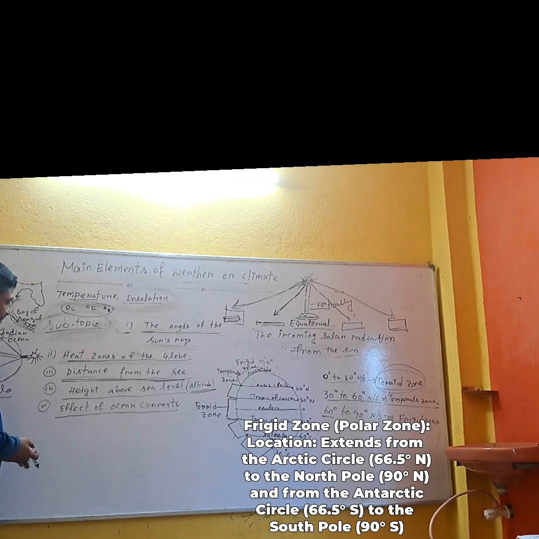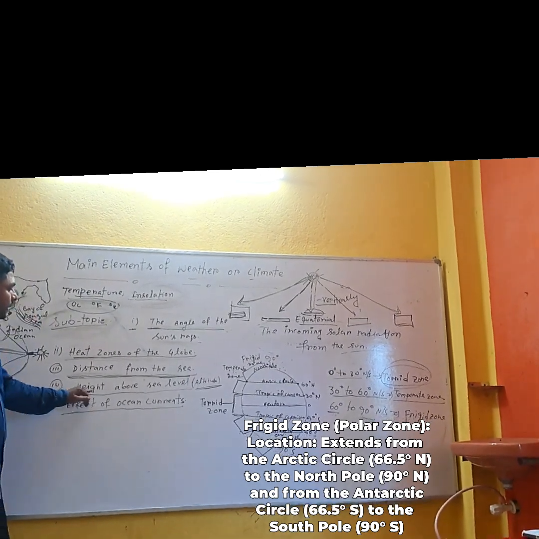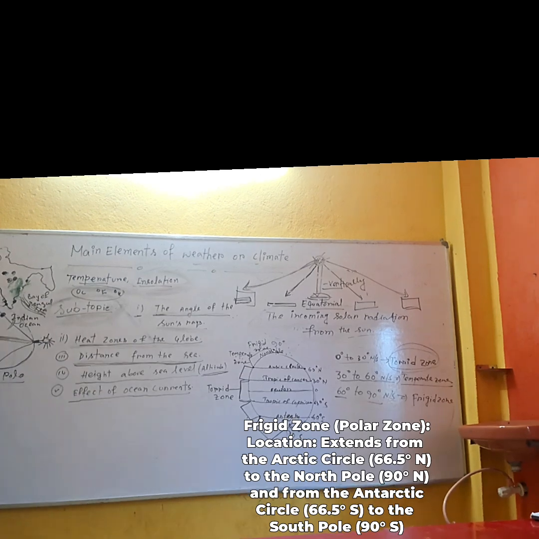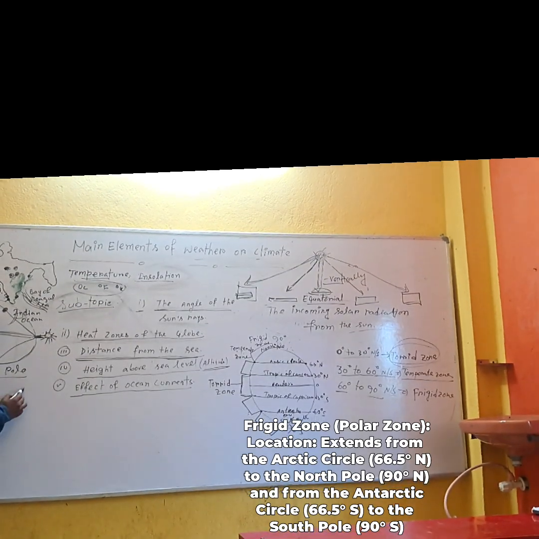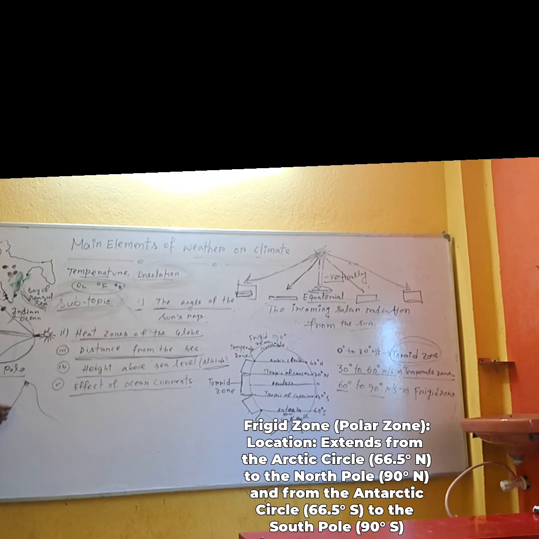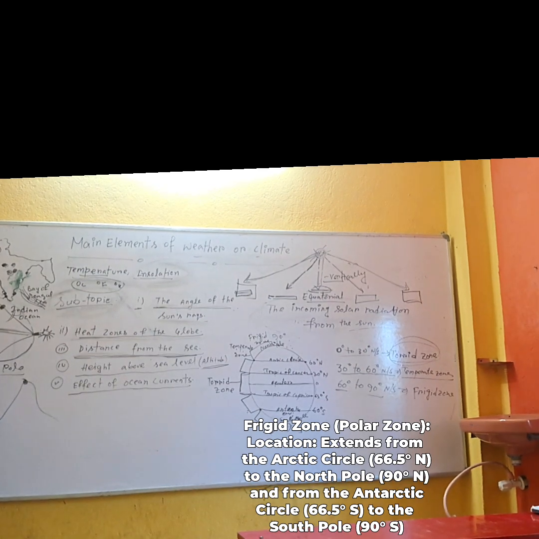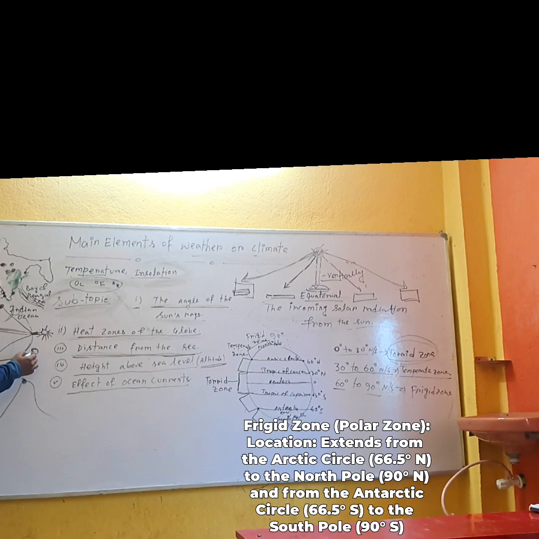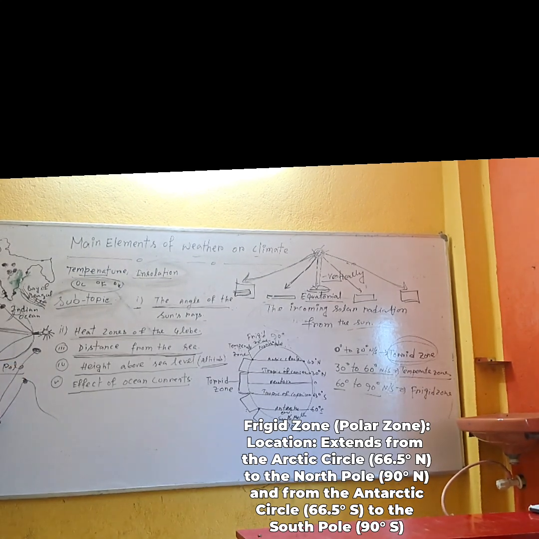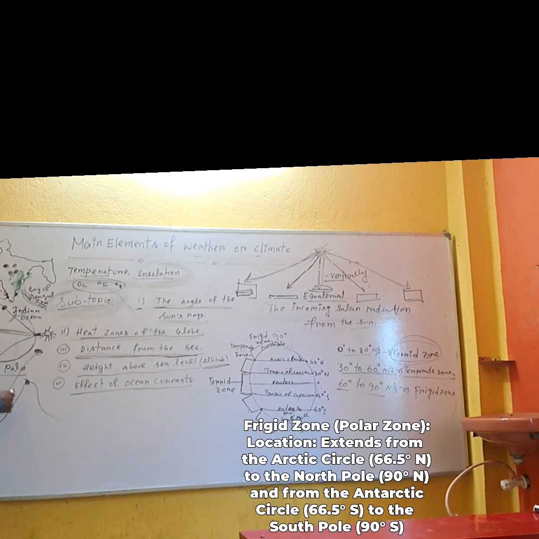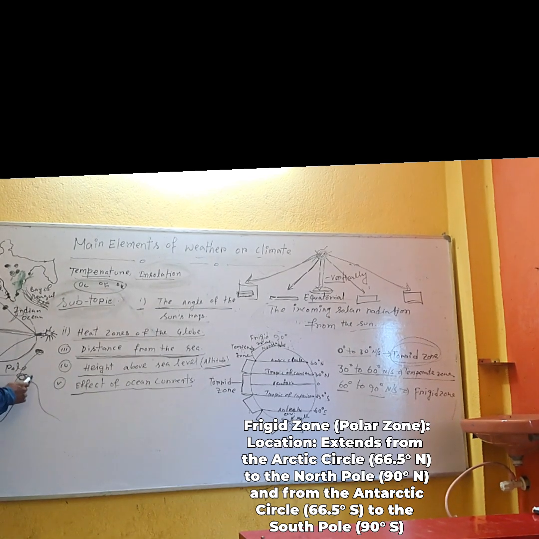Now come to the next, height above sea level, or altitude. See, if you live here in the hill area and I live in this area, then you feel very cool but I do not, because the sun always gives light directly to the land. This is also land, I know, but the air velocity there is too low.